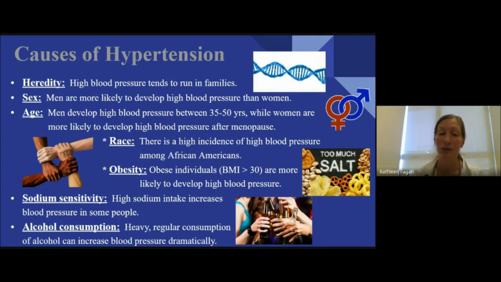Extra body weight or obesity causes your blood pressure to increase. Someone who's sensitive to sodium, salt. Some people are more sensitive than others. A high sodium meal can really bring up your blood pressure. And also regular alcohol consumption can contribute to hypertension.